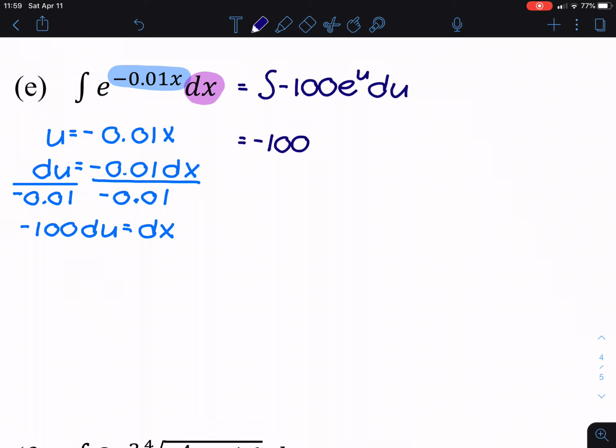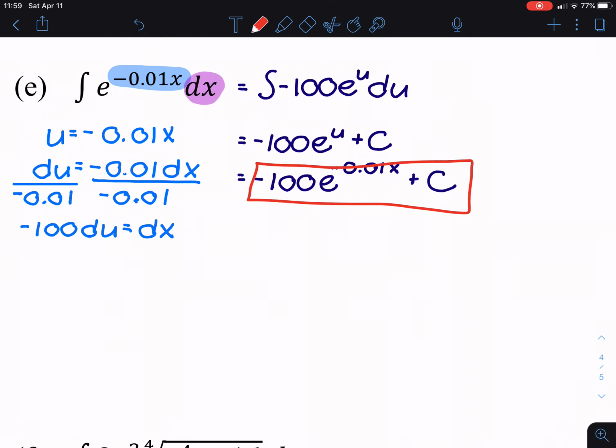The integral of e to the u is just e to the u, and I can't forget my plus c, my constant of integration. So now I'm going to replace e to the u with what u is equal to: -100 times e to the -0.01x plus c is my solution to this indefinite integral.